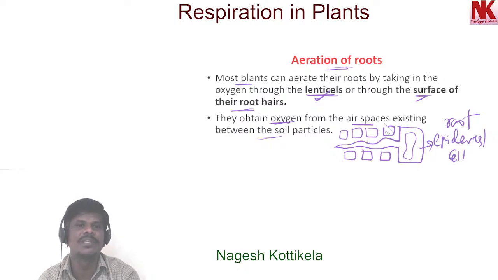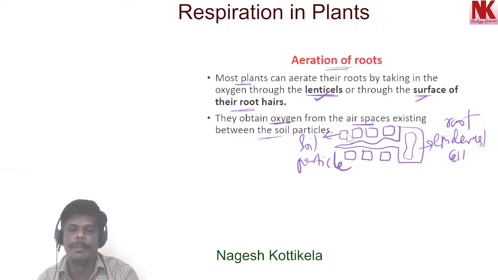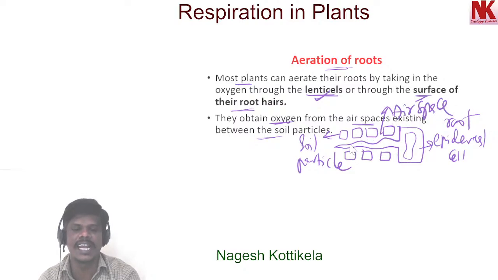So what happens now? You can imagine these are the soil particles. Between the soil particles there is air space. Obviously, in that air space the oxygen concentration is higher. So oxygen diffuses into the cell, where the concentration of oxygen is less.